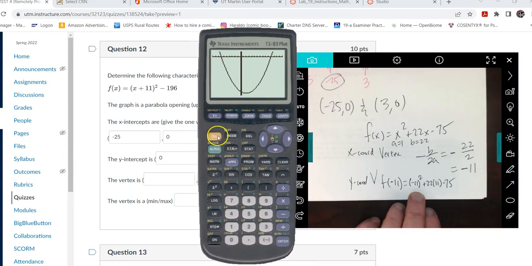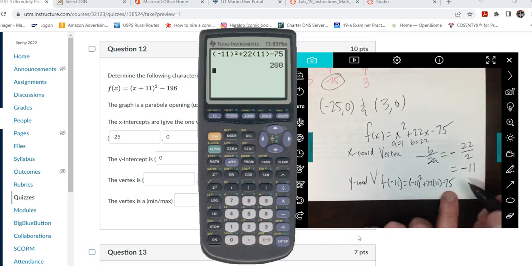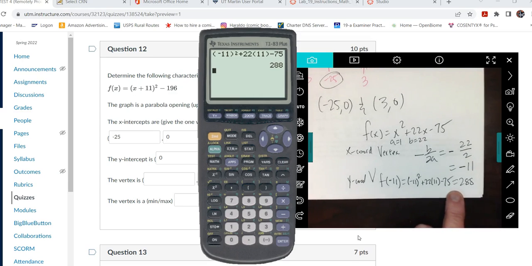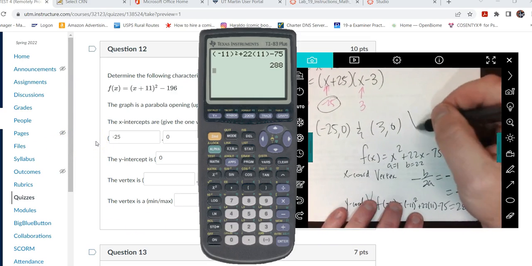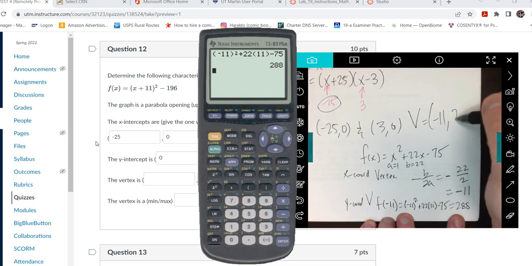I'm going to have negative 11 all squared plus 22 times 11 and minus 75. So 288. So that's my x-coordinate and my y-coordinate. So my vertex is going to be negative 11, 288.